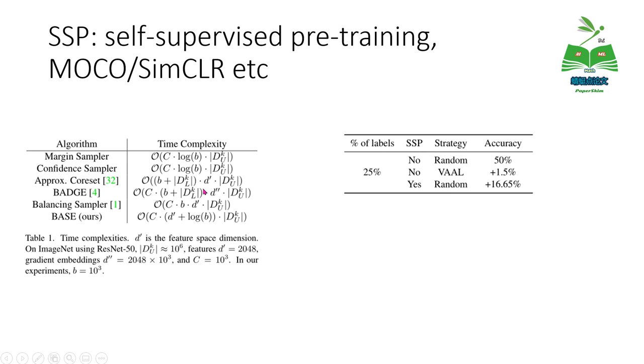They also consider another thing, the self-supervised pre-training, namely MoCo and SimCLR, which use unsupervised learning. You can see when they don't use the self-supervised pre-training, the previous active learning methods can have a slight improvement over the random selection. But with self-supervised pre-training, the random strategy is much better.